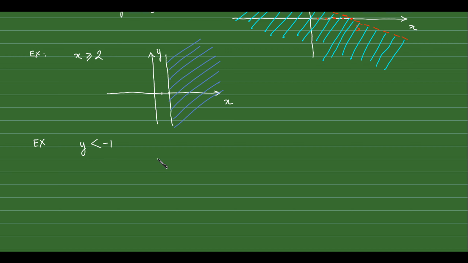Alright, for this, it's the same thing. Just go ahead and draw the coordinate system. Draw the line y equals -1. So this -1 right here. And because this doesn't have an equal sign, we have to use the dash line.